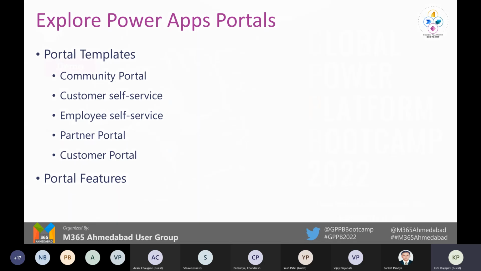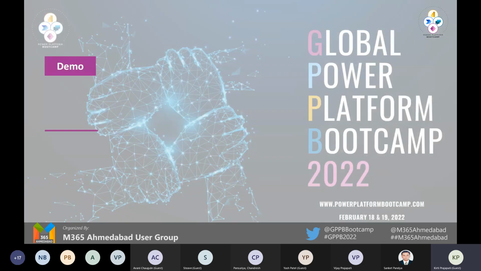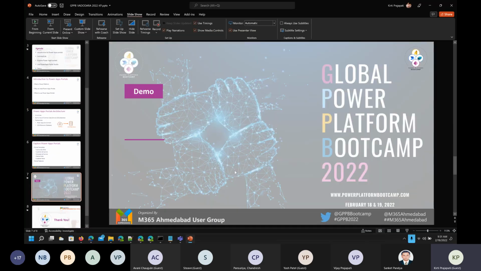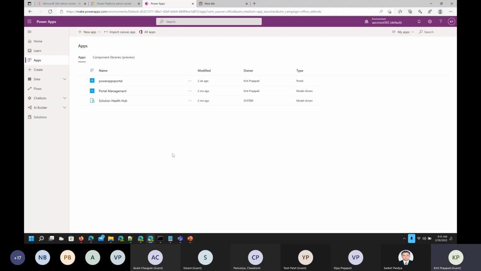Now let me jump into the demo. So I'll explain to you how to create the portal, considering how many environments you have. So now I'm just jumping into my tenant. So this is the tenant. You can see I'm logged in with this default tenant environment.